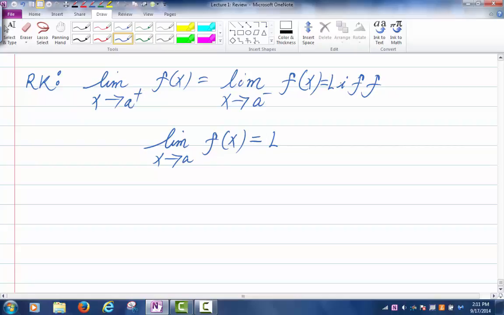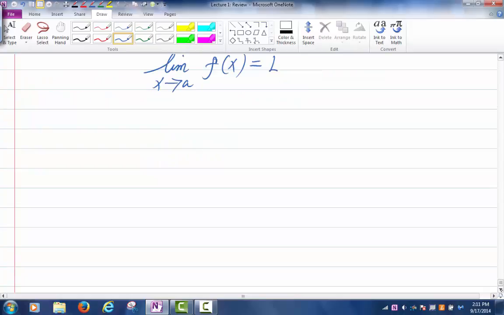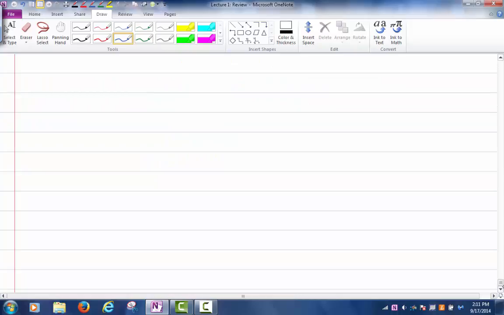So what I'm saying is that if the right hand limit and the left hand limit are both equal to L, then the both sided limit is also L, and vice versa. Okay, so I guess you already realize that.